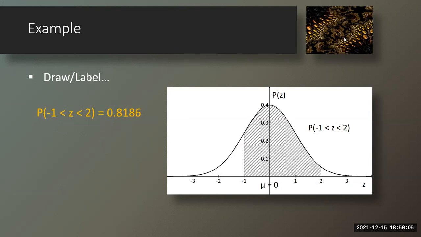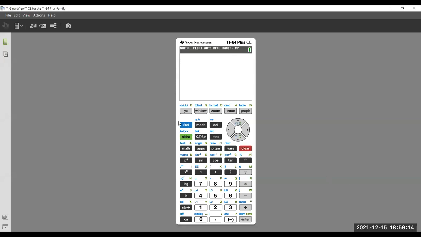So let me go back and pick up my calculator again. Distributions, and normal CDF. We never even used the normal PDF, by the way. The lower bound, I believe that was a -1.